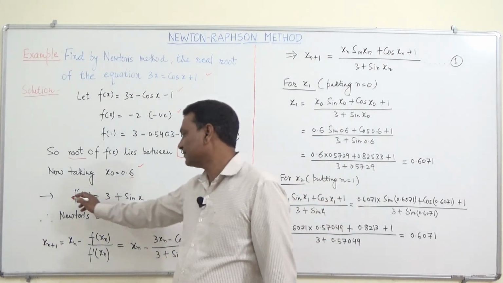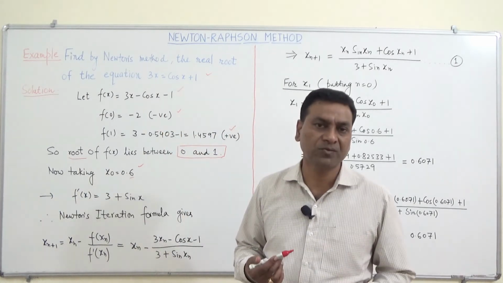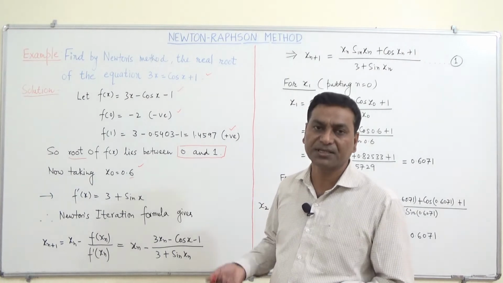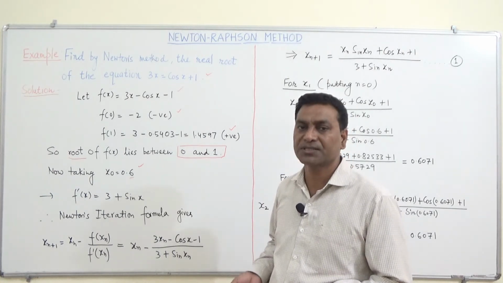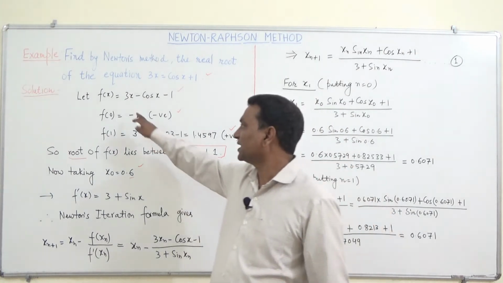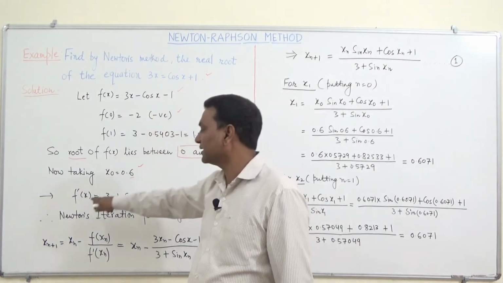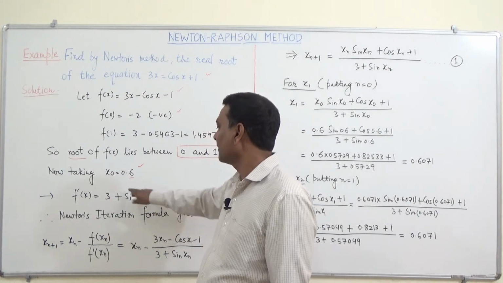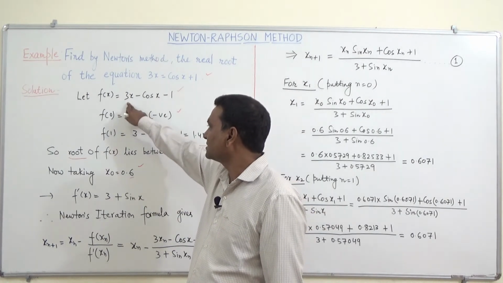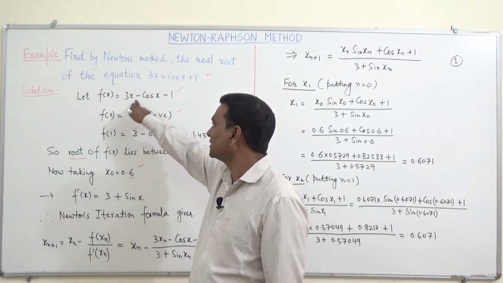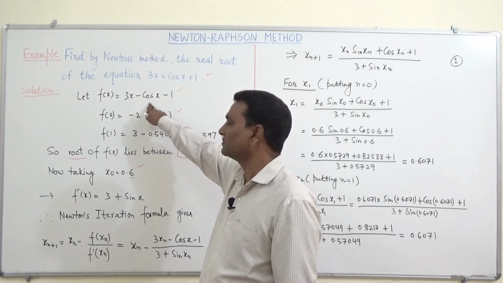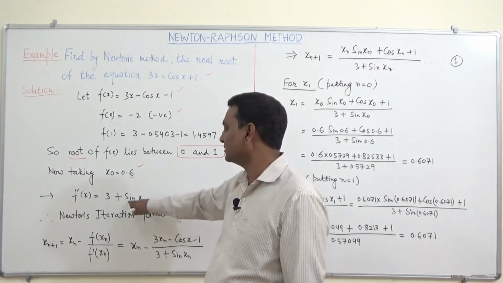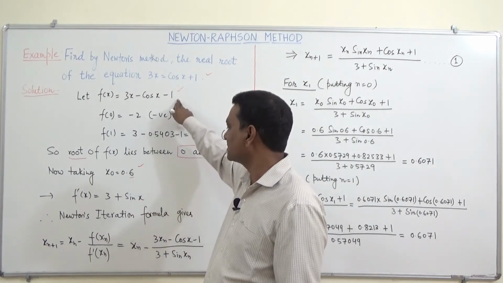Now in this step we will find the value of f dash x. f dash x is basically we are differentiating the given equation with respect to x. So this f dash x comes out to be 3 plus sin x, because the derivative of 3x is 3, and the derivative of minus cos x is plus sin x, and the derivative of 1 is 0.